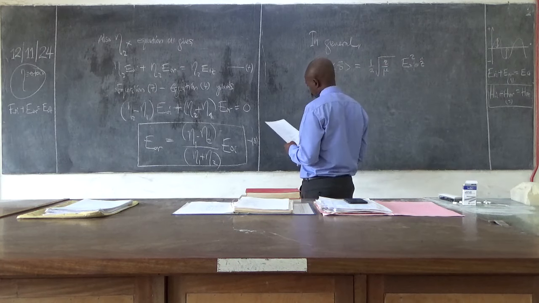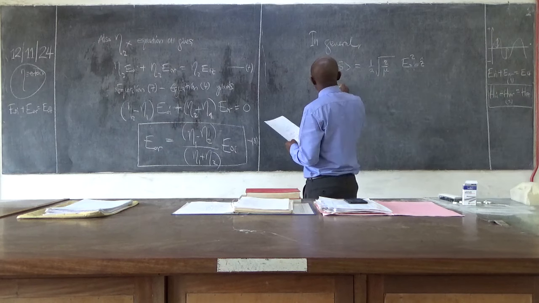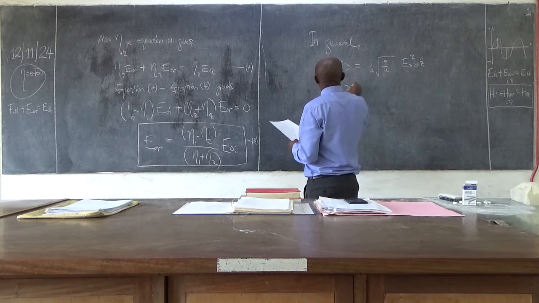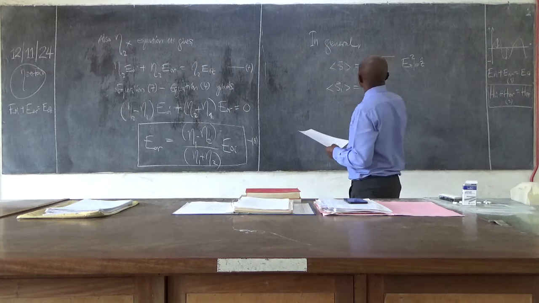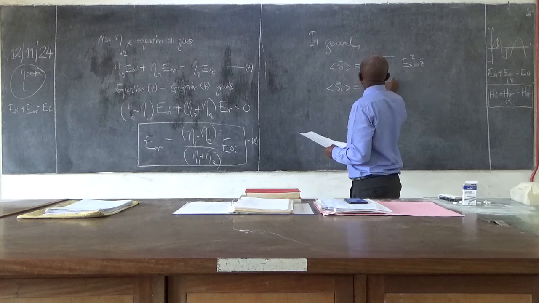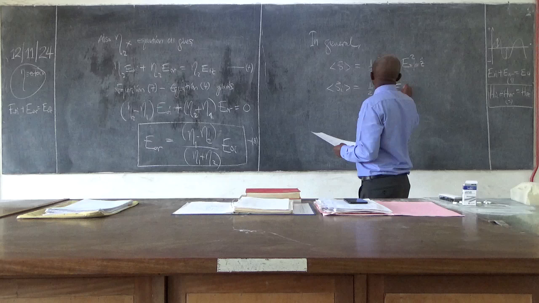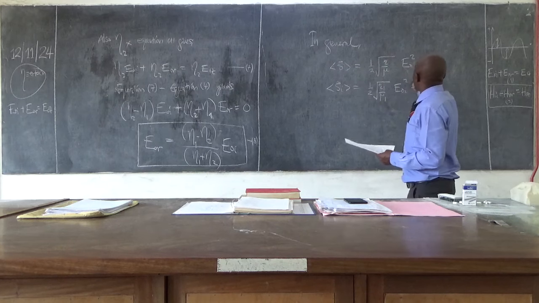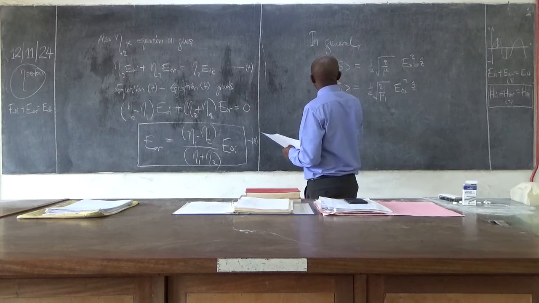We can't dot it with a vector. So S incident will be the same as medium 1, for instance. So this will be a half root epsilon 1 over mu 1 E naught I squared z.